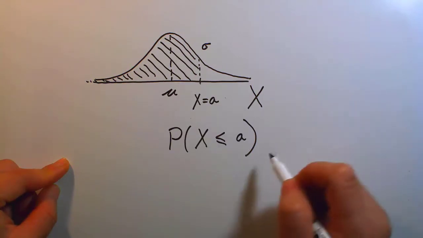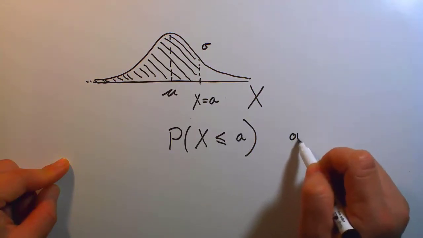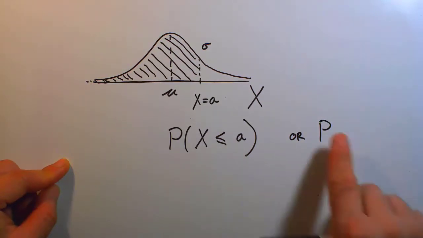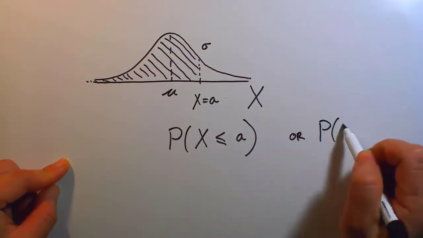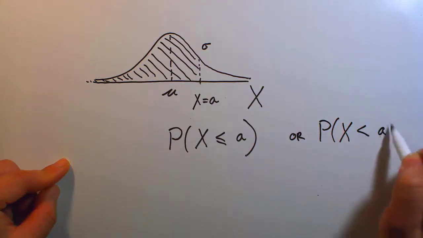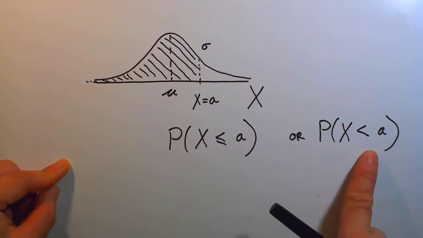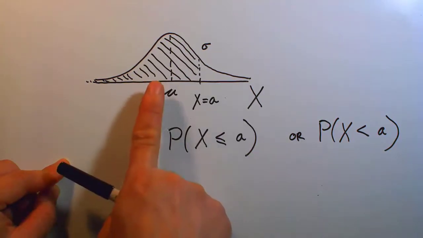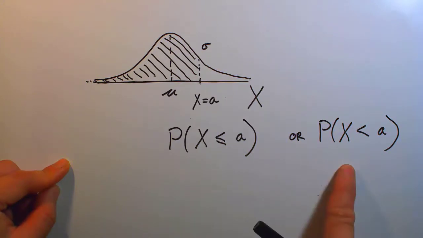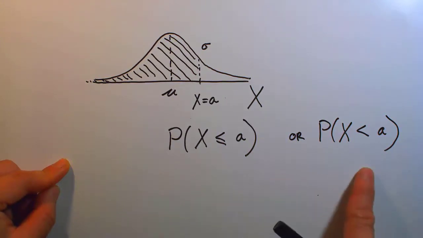And it would be the same if we're skipping the equality sign, so probability where x is strictly below a. Either of these two symbolic statements brings up that area shaded to the left-hand side of x equals a, and the answer will turn out the same. And the way we get it done will also be the same.